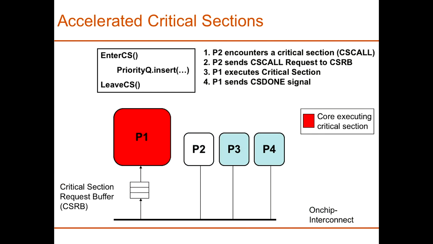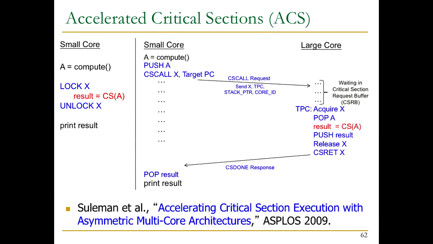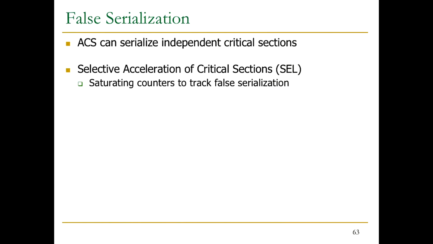So one problem that this idea causes that otherwise doesn't exist if you execute the critical sections in the local cores is false serialization, right? So if all critical sections get shipped to the server that executes those critical sections, the server is the large core in this case, you can serialize independent critical sections, right?